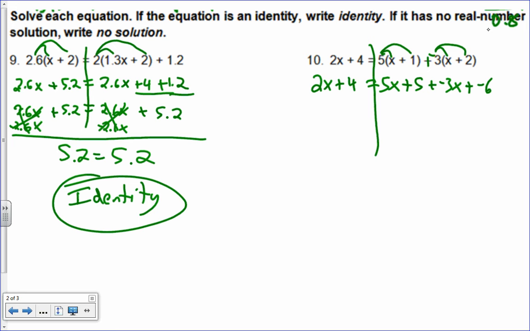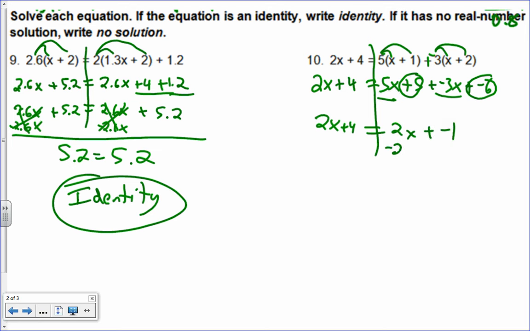Negative 3 times 2 is negative 6. On the same side here, we have some like terms again. So we still have 2x plus 4 over here. The x's, we have 5x minus 3x would be 2x. And 5 plus negative 6 is going to be plus negative 1.